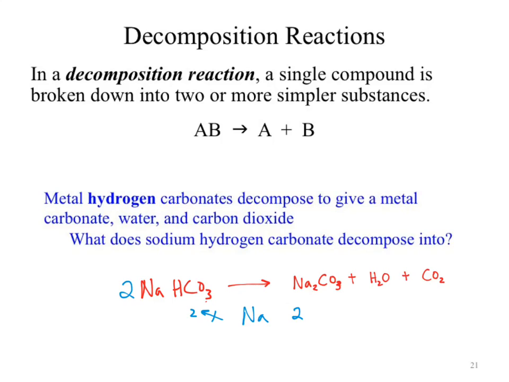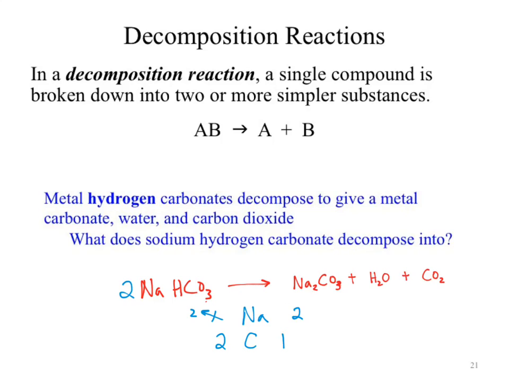What element do we move to next? If we think back to what our rules said, we said pick any element other than hydrogen and oxygen. Okay, we should go with our carbon. How many carbons on the reactant side? How many carbons on the product side? 1, not 2.